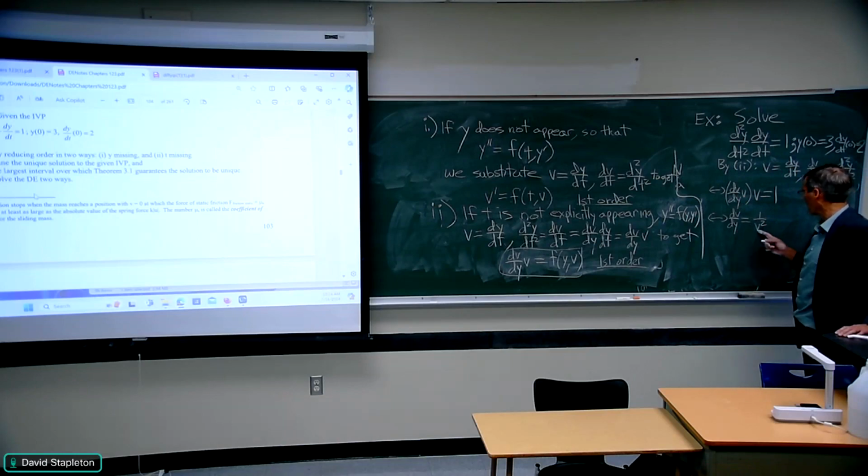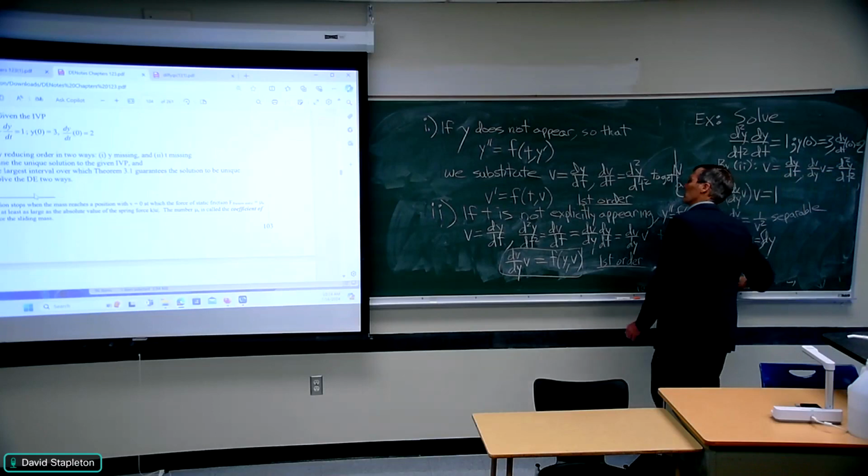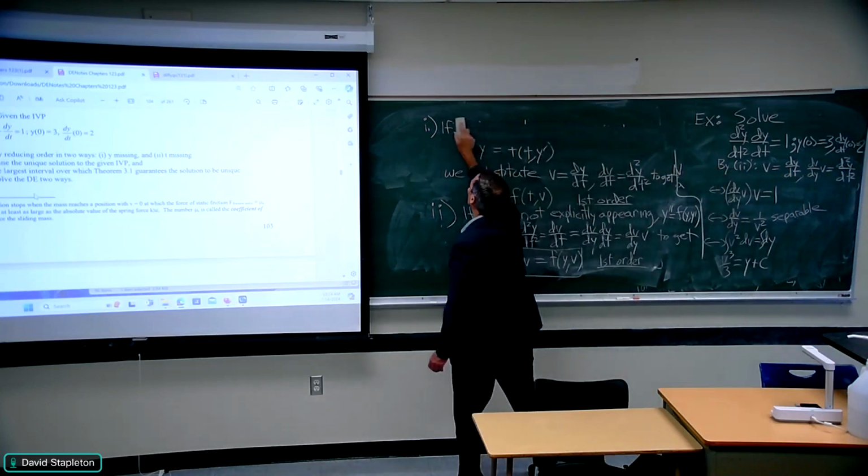It's not linear because v is squared, but it is separable, right? I can now multiply both sides by v, so this turns out to be a separable equation. I'll apply my first order method technique for separable equations, and I'll say v squared dv equals dy by separating variables. Now I'll throw an integral sign on there and say this one is v cubed over 3 equals y plus a constant, from which we can solve for v.